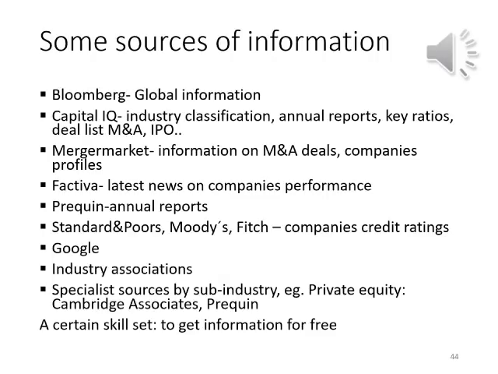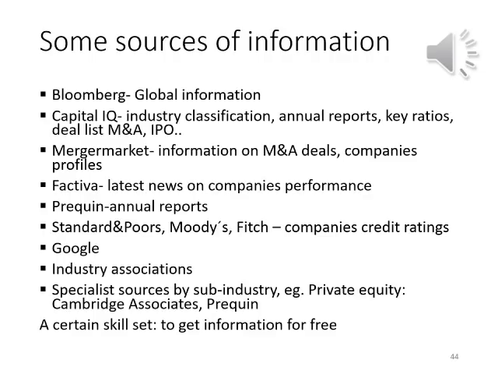Some of the sources of information. There are many sources of information available at different cost levels, some for free, some with an enhanced premium service where you have to pay for it. These will include Bloomberg, which is global economic information; Capital IQ, which refers to annual reports, key ratios, M&A deals; Merger Market, focusing on M&A deals and company profiles; Factiva, giving the latest news on companies' performance; Preqin, publishing annual reports; Standard & Poor's, Moody's and Fitch, credit rating companies; Google, industry associations, and specialist sources by sub-industries.